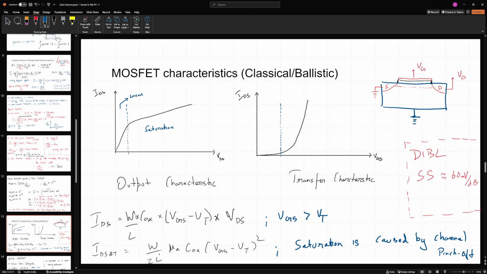So I can say this is my threshold voltage VT, and I can say this is the saturation voltage.